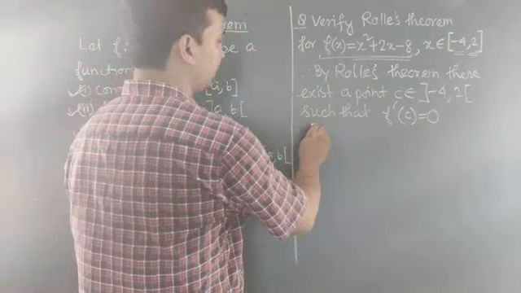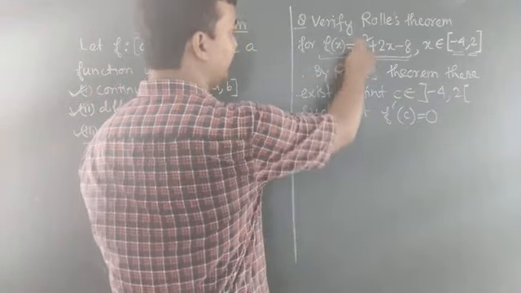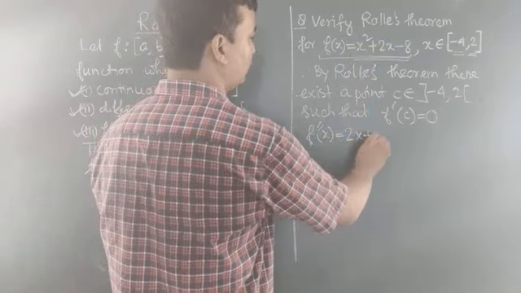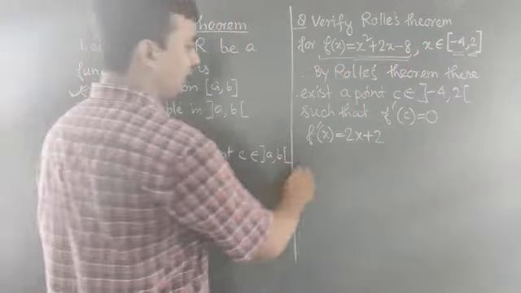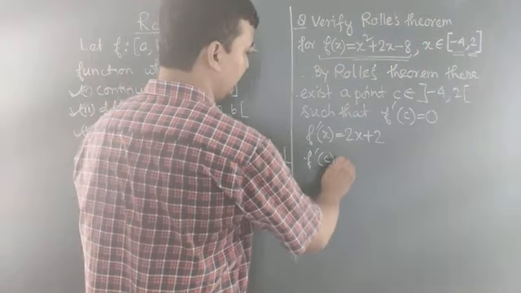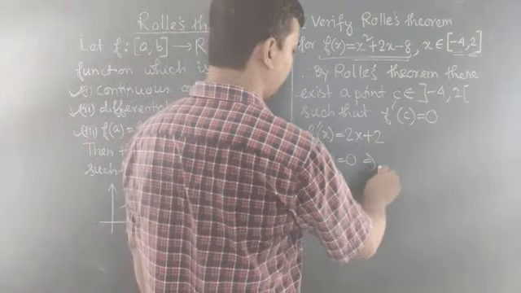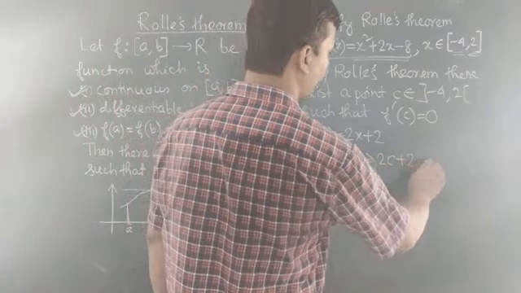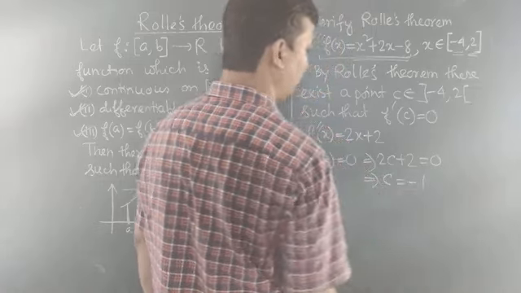So let me first find f dash of x. f dash of x will be 2x plus 2. Just differentiate the given function. Then f dash of c equal to 0 gives 2c plus 2 equals 0. Now calculating, c will be equal to -1.